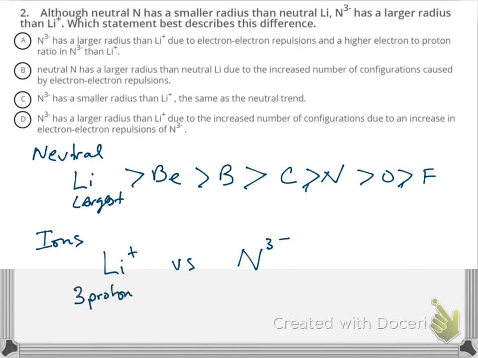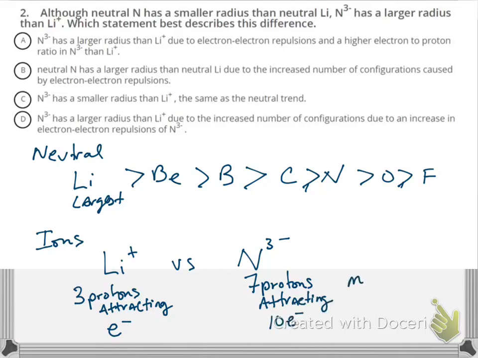The lithium ion has 3 protons attracting 2 electrons. And for nitride, there are 7 protons attracting 10 electrons. And so the electron-electron repulsions are not overcome by the electron-proton attraction.